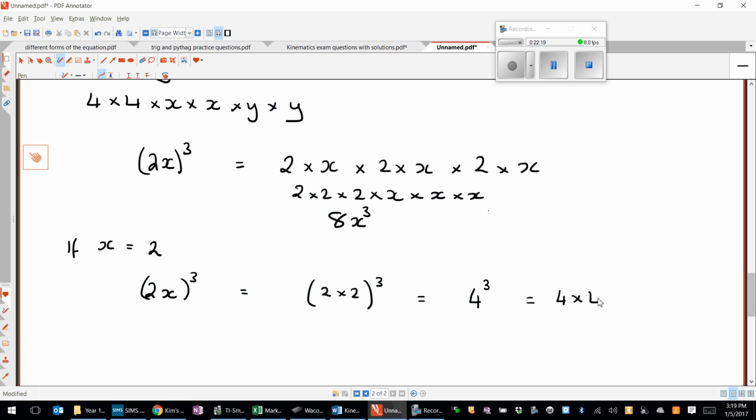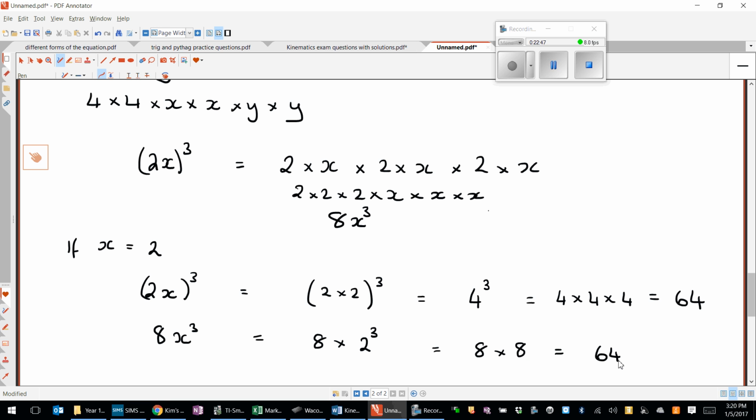Anyone tell me what the answer is? 64. So that's right. What about 8 times x cubed? That would be 8 times 2 cubed, which is 8 times 8, which is 64. So it is the same.